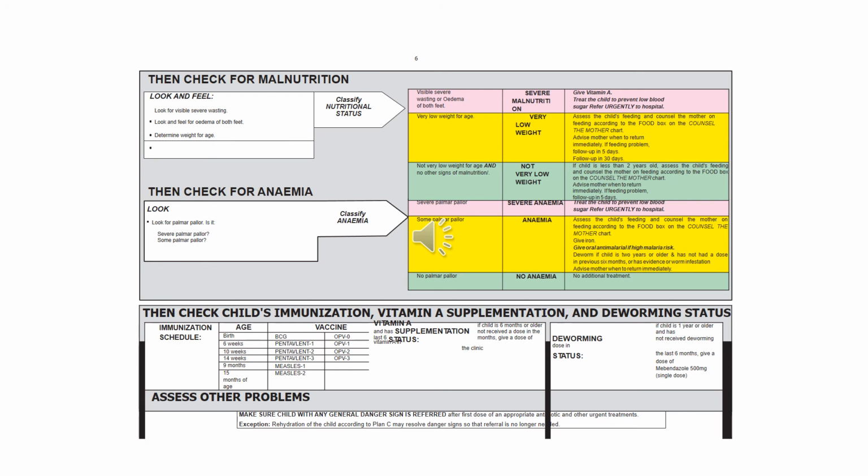It is advised after every 14 days, and iron treatment is given. If there is no response in pallor after 2 months of treatment, then the child should be referred to the hospital for further assessment. And iron is not given to the children with severe malnutrition who are referred to the hospital.